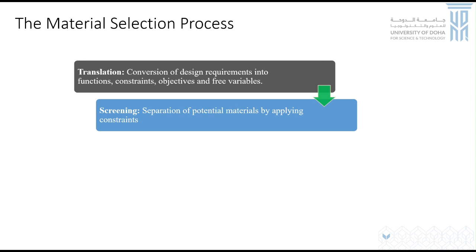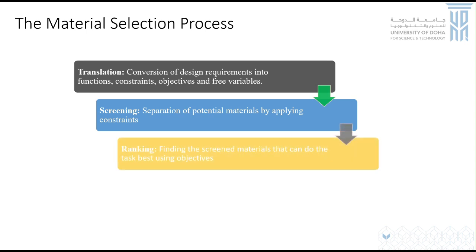But to apply those constraints, of course, you need some sort of a database, because obviously if you know the material properties or what the possible candidates are, only then can you start applying those constraints. So you basically screen out the obviously wrong choices first, and then you are left with a smaller subset of materials. Once you have that smaller subset of materials, then you start the ranking process based on your objective.